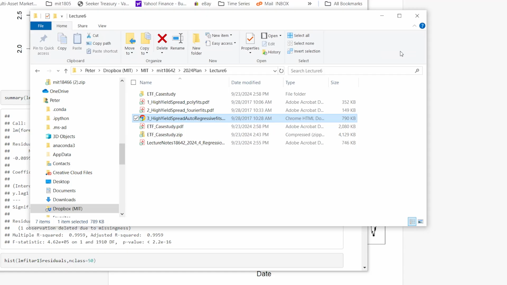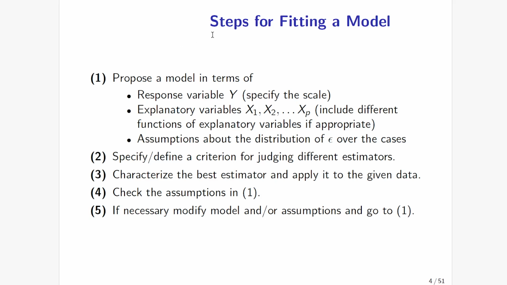All right, so in fitting a multiple regression model, whether it's with time series factors or not, what we do is go through these steps of proposing a model, step one, and make assumptions about the error term, epsilon. And then second, we define a criterion for judging different estimators. And that criterion can be things like least squares or minimum mean squared prediction error or others.